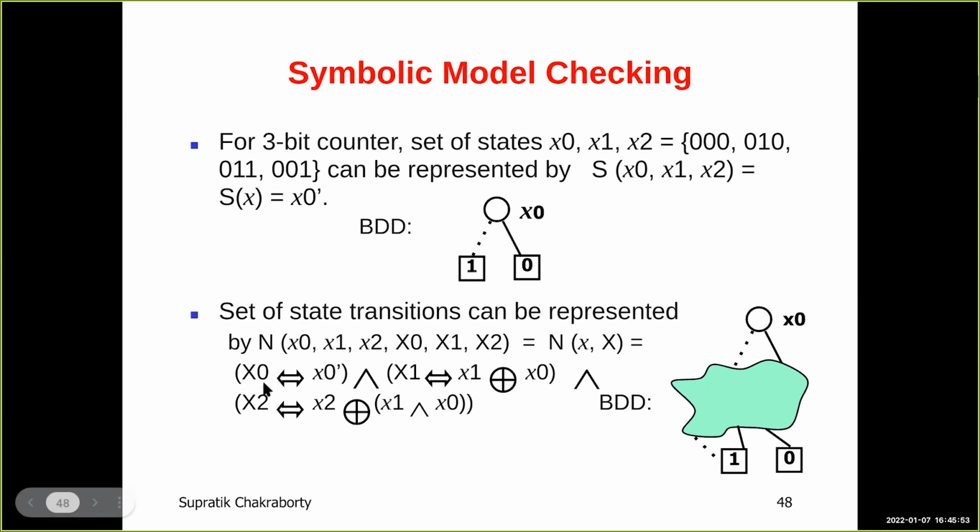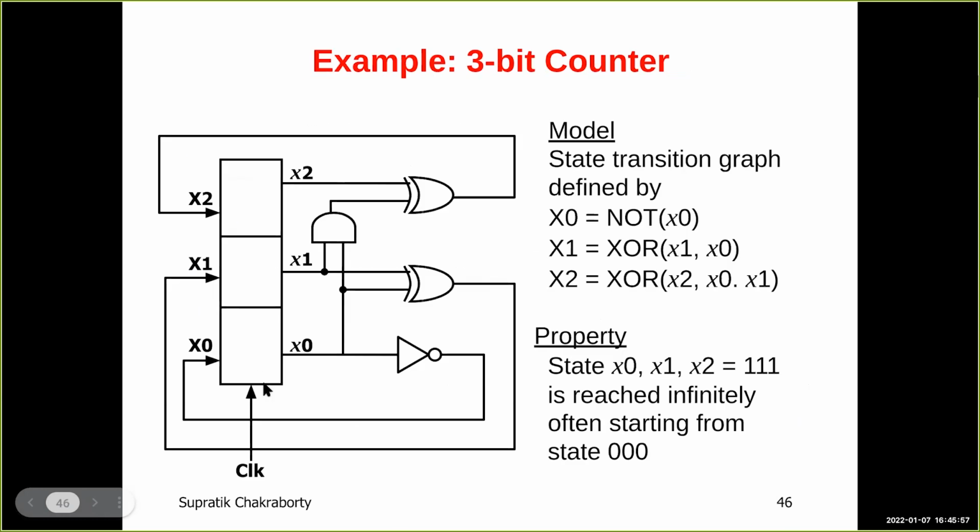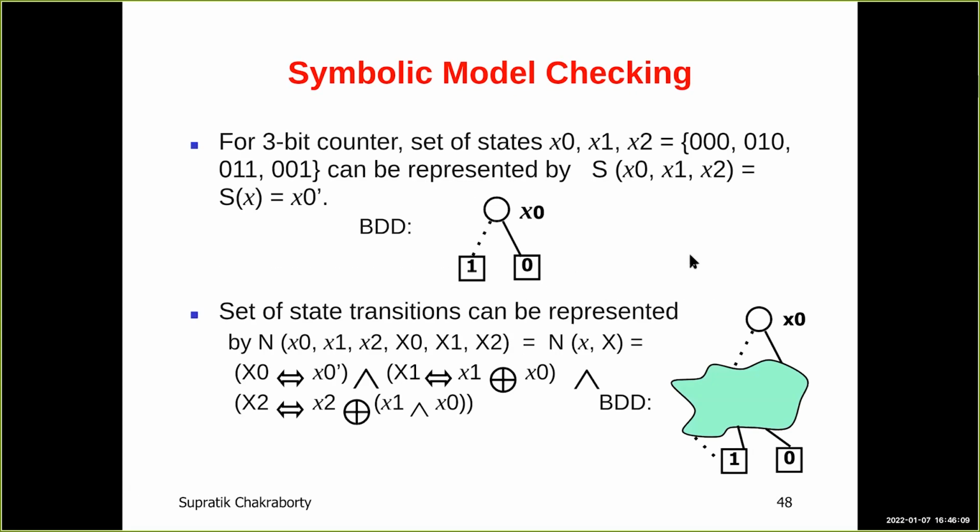This is really coming from these equations here: in the next state, the value of x0 should be the not of the value of x0 in the current state. In the next state, the value of x1 should be XOR of the value of x1 and x0 in the current state. So that's what is written here, right?